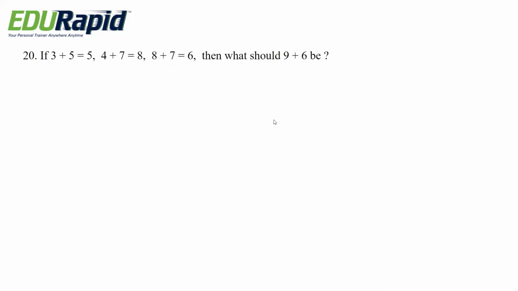Next question. If 3 plus 5 equals 5, 4 plus 7 equals 8, 8 plus 7 equals 6, then what should 9 plus 6 be? Options are 4, 9, 5, 6, none of this.